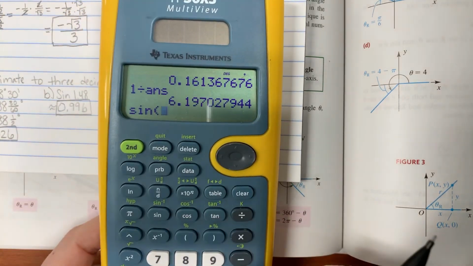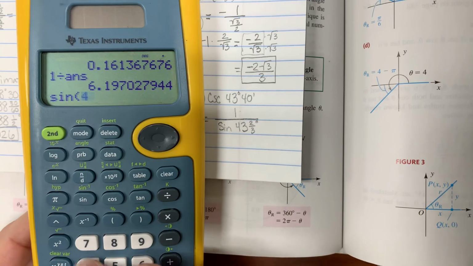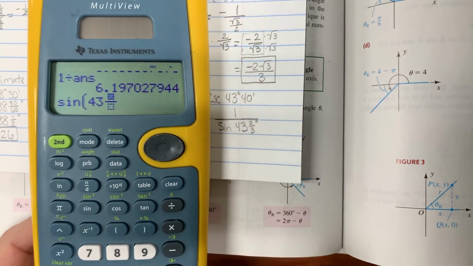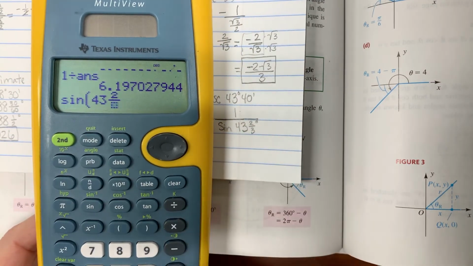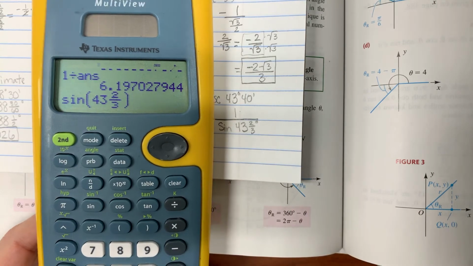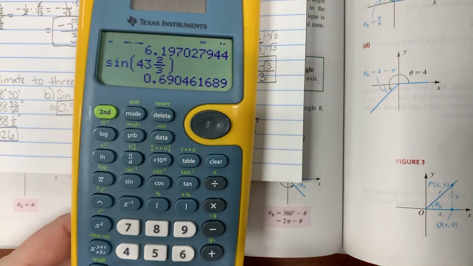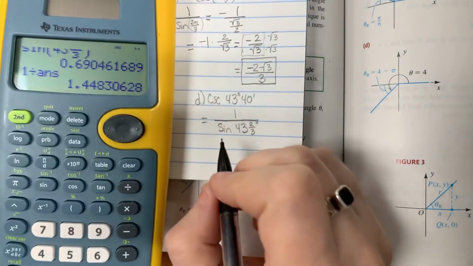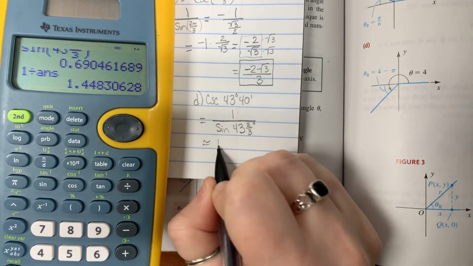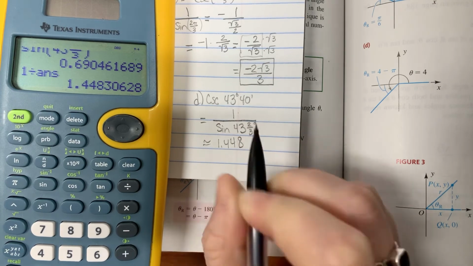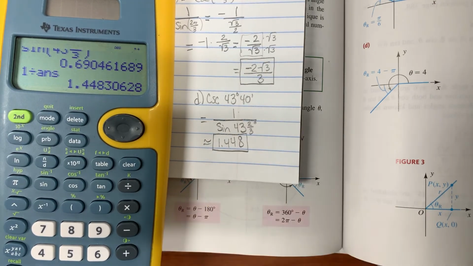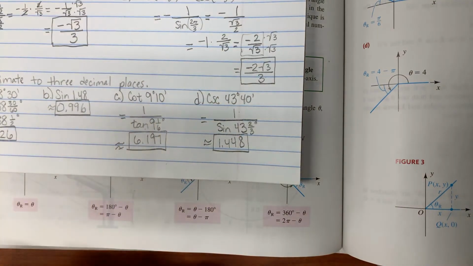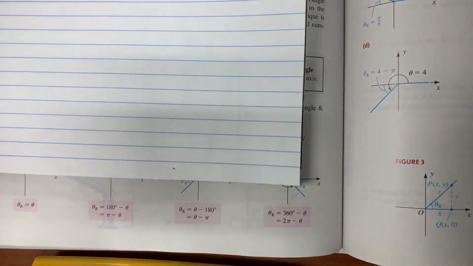I'm going to do sine of, and I'm going to use this fraction, 43 and 2/3. Get that answer, and then I'm going to say 1 divided by that answer, which gives me about 1.448, 3 decimal places. So that's just some calculator work. Hopefully that's easy for you.